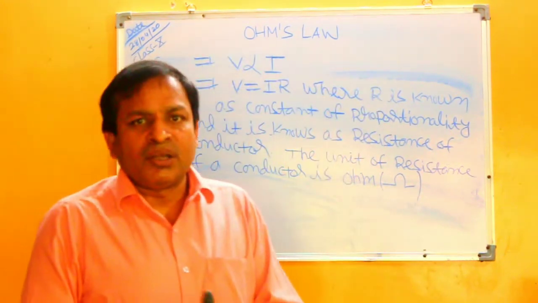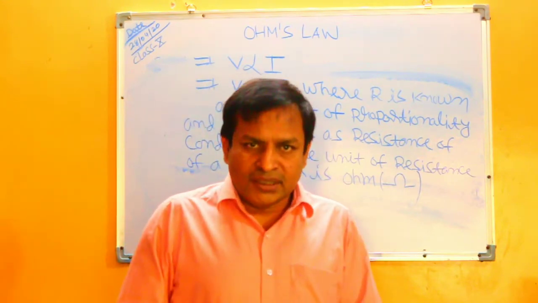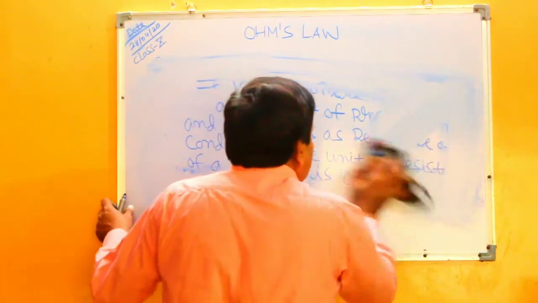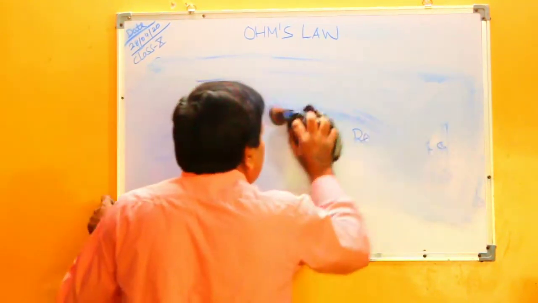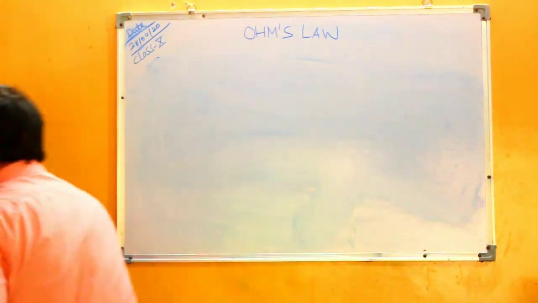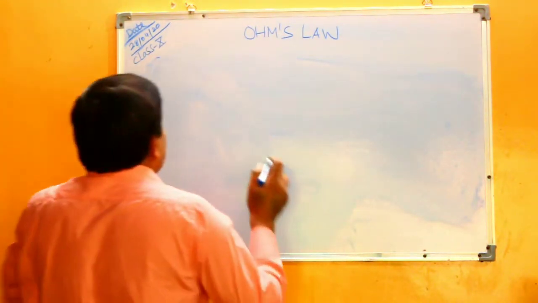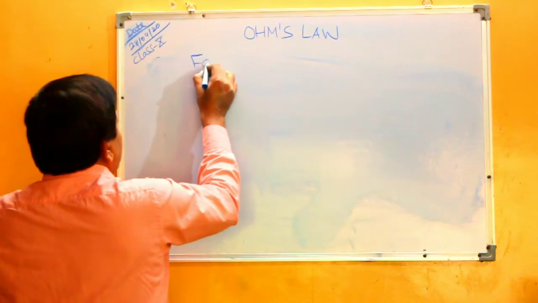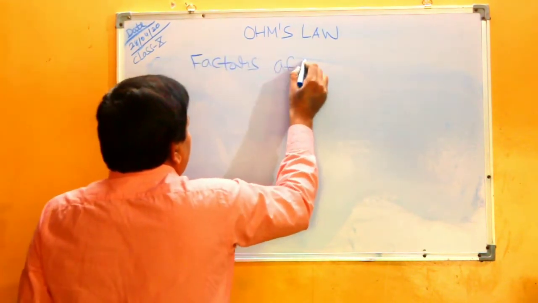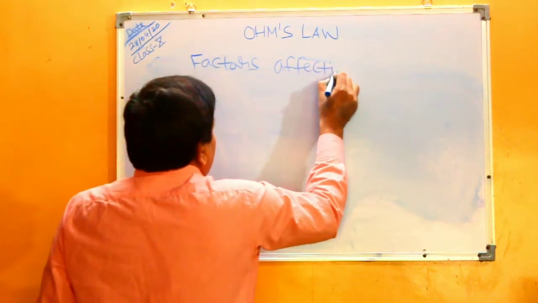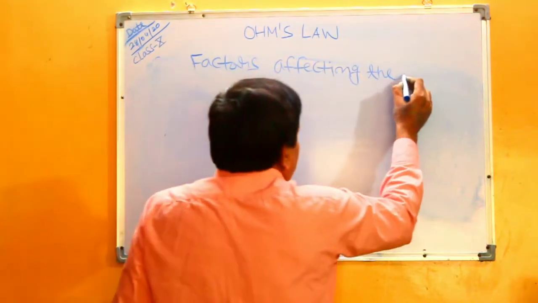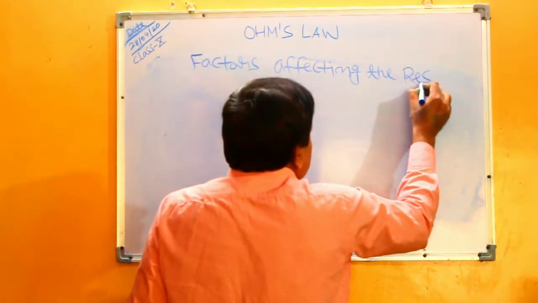These are the factors affecting the resistance of a conductor.